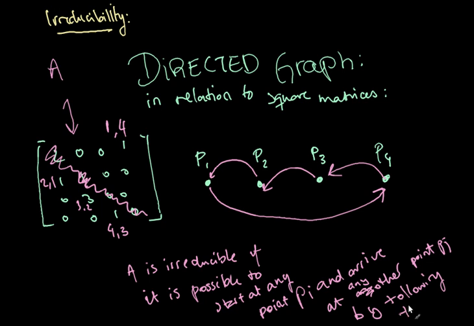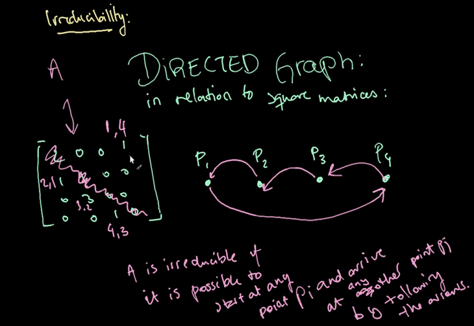And I'll just say by following the arrows. So you can see here that no matter which point we start in, if we follow the arrows, then we'll run through all the other points. So no matter which point we start in, we will be able to reach any other point by following the arrows. So A in this case is irreducible.